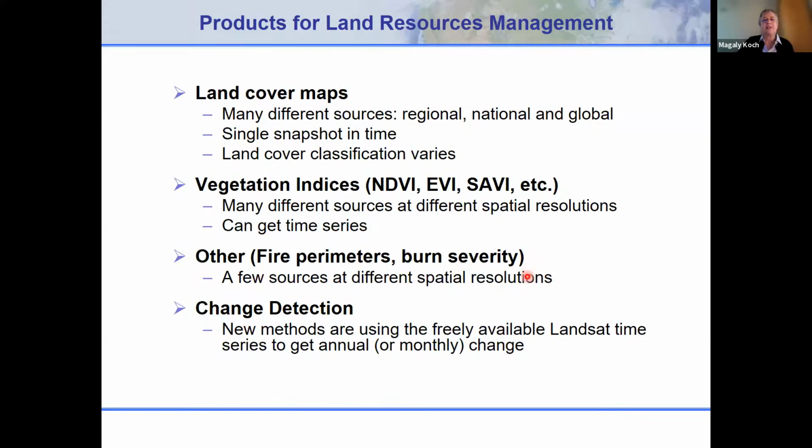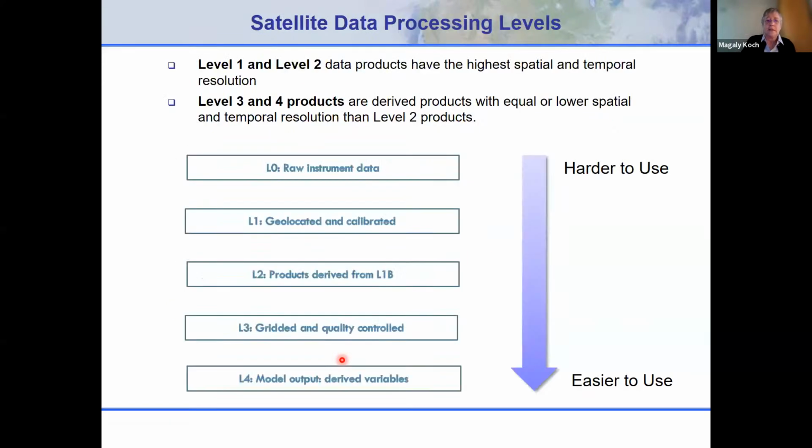For all these applications, we need a way to observe, monitor and assess the health of our ecosystems. And that's done with change detection techniques and also classification.